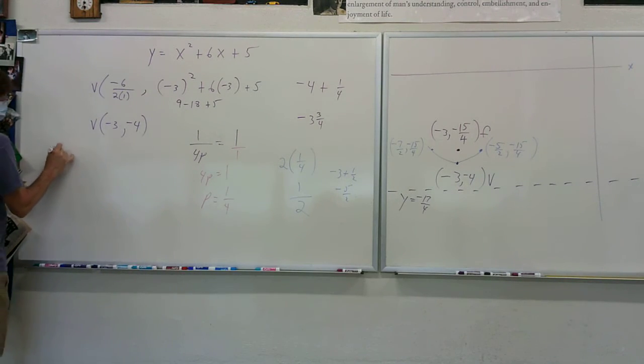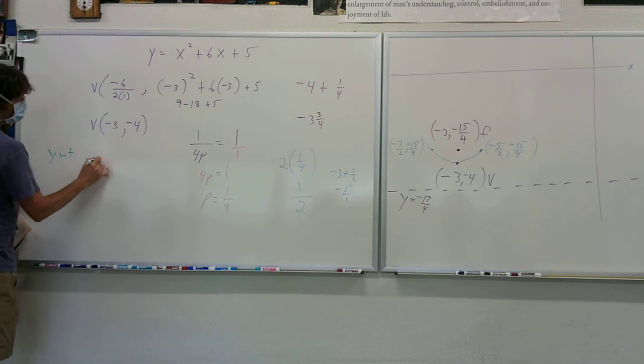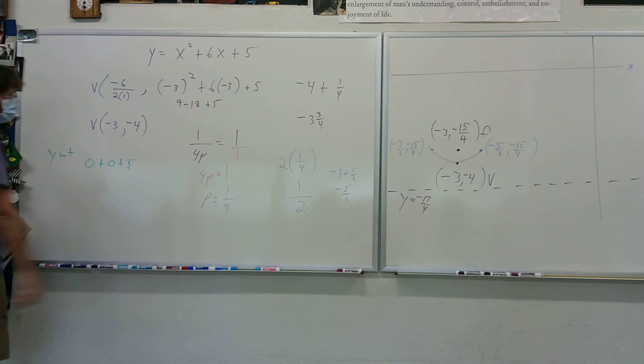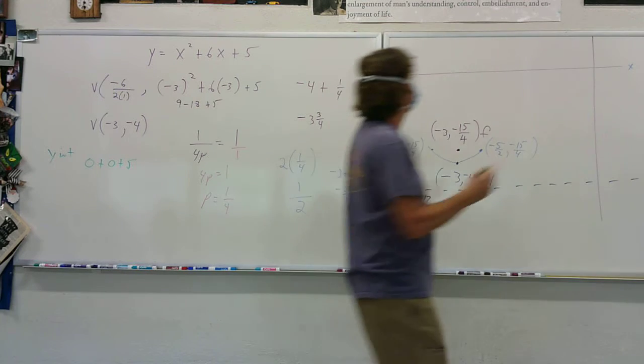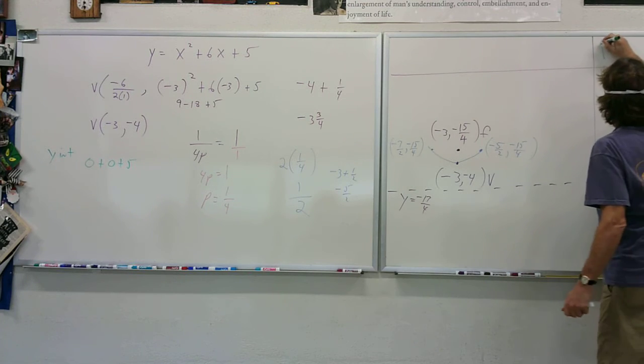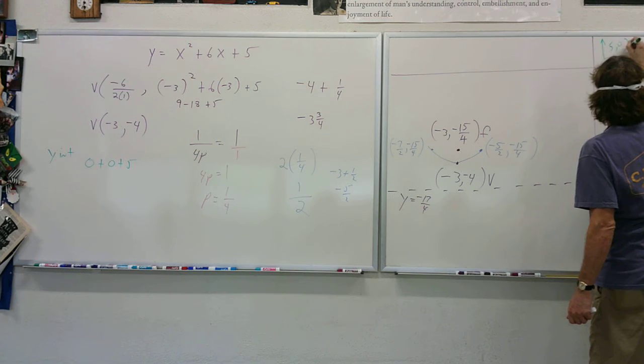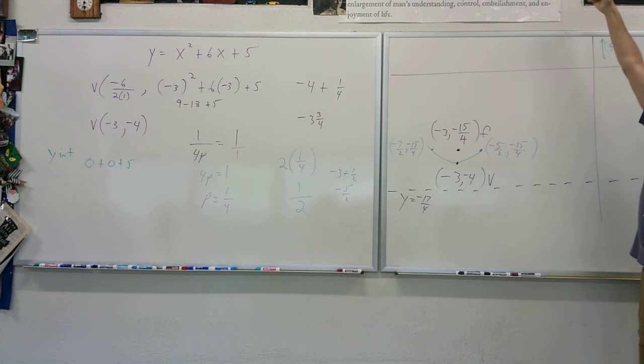Y-intercept: 0 plus 0 plus 5. So the y-intercept is what? 5, comma, 0. Now, I'm just going to put way up there. 5, comma, 0 is a y-intercept up there. Is that okay?